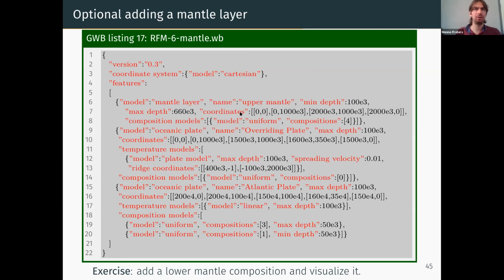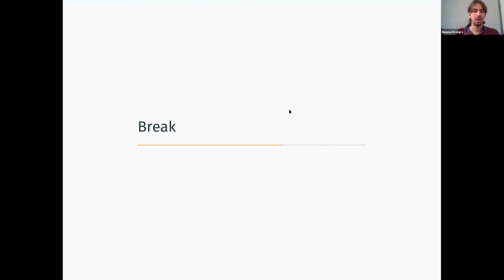The second way you could do it is to make the maximum depth larger and add a second compositional model over here, just like we did with this oceanic plate. And then you have two different layers. So there are multiple ways of doing it, but then you would need to change the name to something more appropriate.